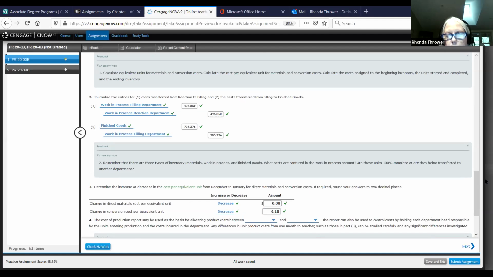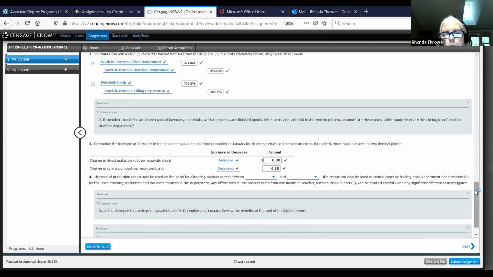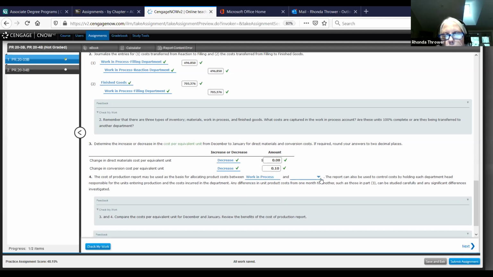And we're through with that part. And we have one more part that we have to look at. The cost of production report may be used for the basis of allocating product costs between work in process and finished goods.